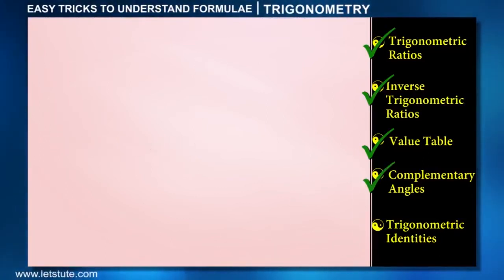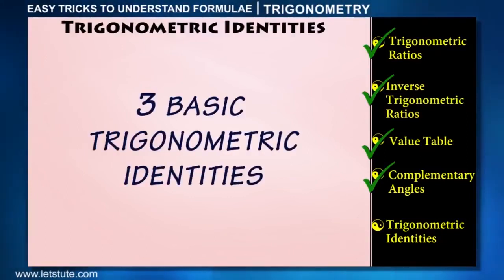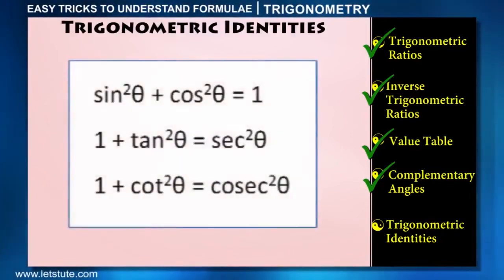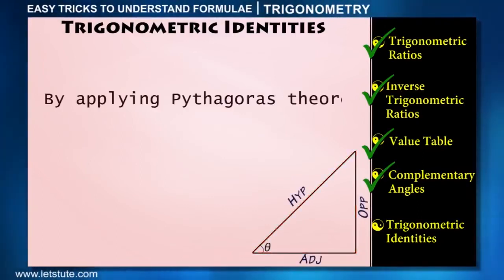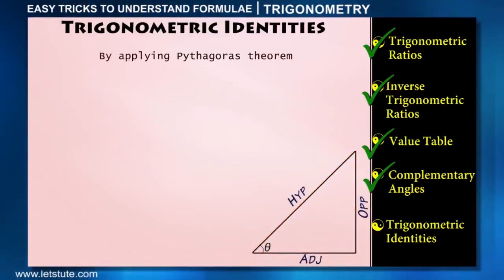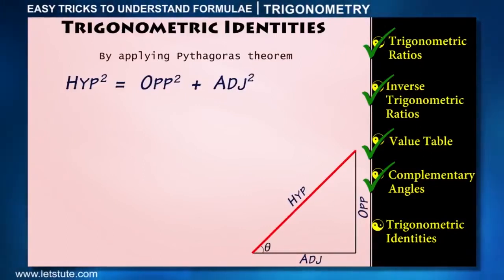Now next thing that we are going to learn is about the three basic trigonometric identities. Pythagoras theorem is the very first step in getting these three. So in this right angle triangle, if we apply Pythagoras theorem, we write hypotenuse square is equal to opposite side square plus adjacent side square.